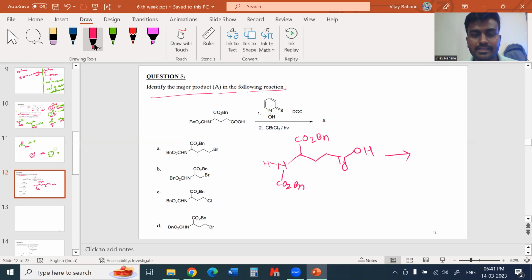So when the reaction happens, the O negative charge in presence of DCC. We know DCC is a coupling reagent that helps to couple such species. So the OH will attack on this center, right? So this OH I will draw here.